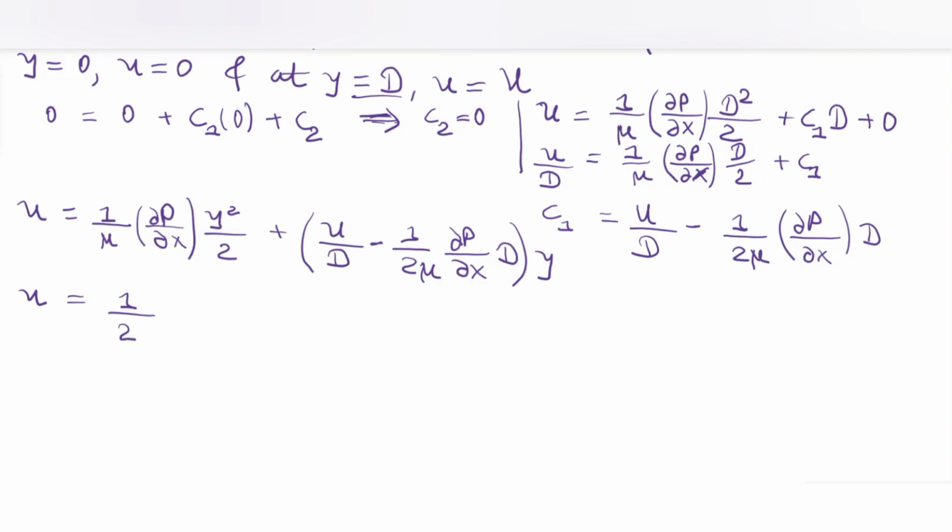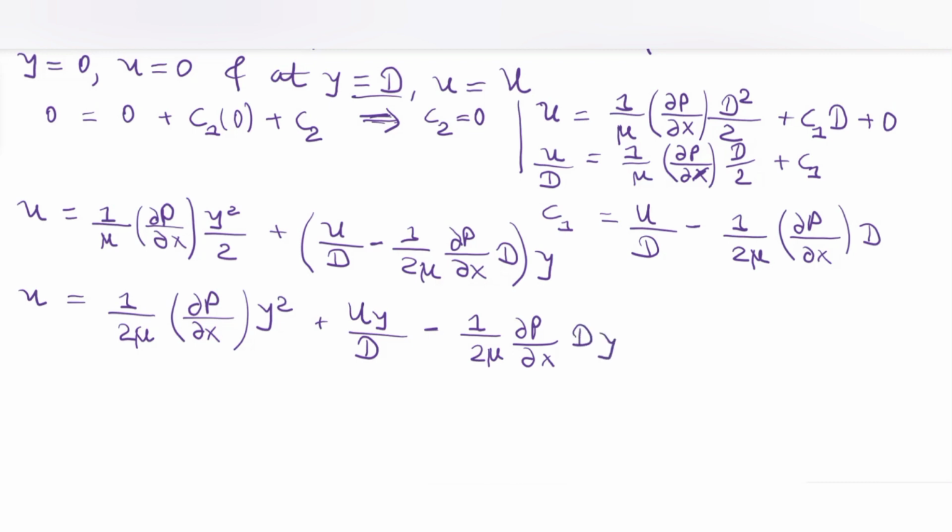Therefore we get u is equal to 1/2mu del p by del x y square plus Uy by d minus 1/2mu del p by del x dy. Here we can take this 1/2mu minus del p by del x as common.